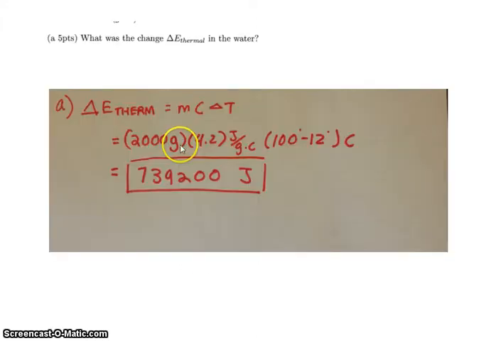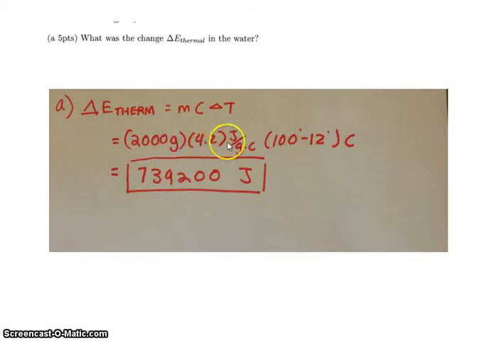For the first part of the problem, it says, what was the change delta E thermal in the water? We're going to use the equation delta E thermal is equal to m c delta T. The mistake that I made in my exam was that I also included work, which is wrong. If we just go by this equation, with our givens, we know that 2,000 grams is the mass.